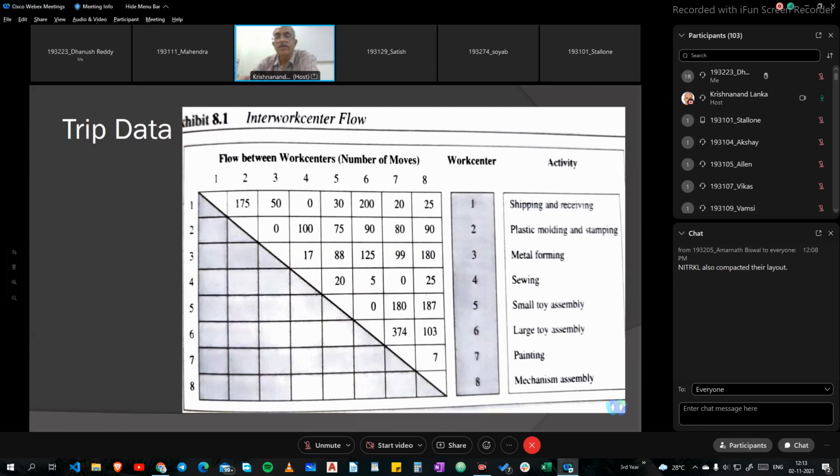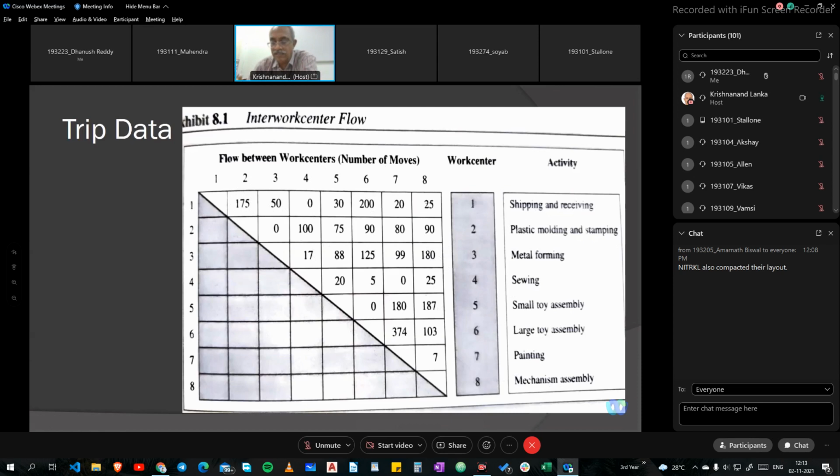This is called inter work center flow. These numbers of trips may be happening per day or per month, whatever criteria you have chosen.